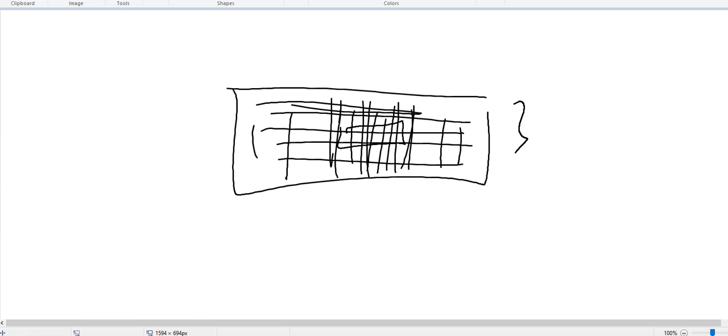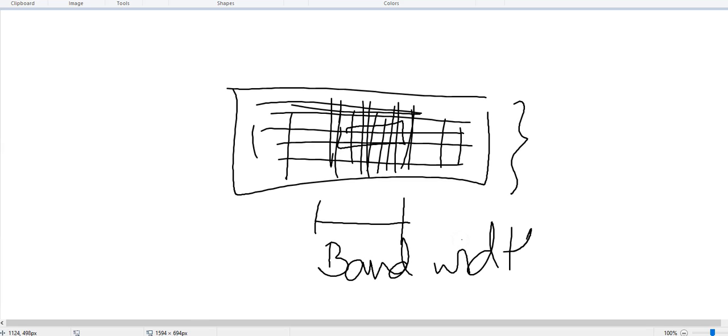On this side all reinforcement will be homogeneously spaced. On this side there will be a bandwidth. In this bandwidth my reinforcement will be higher. Outside this, my reinforcement will be lower. That is something different from square footing to rectangular footing.